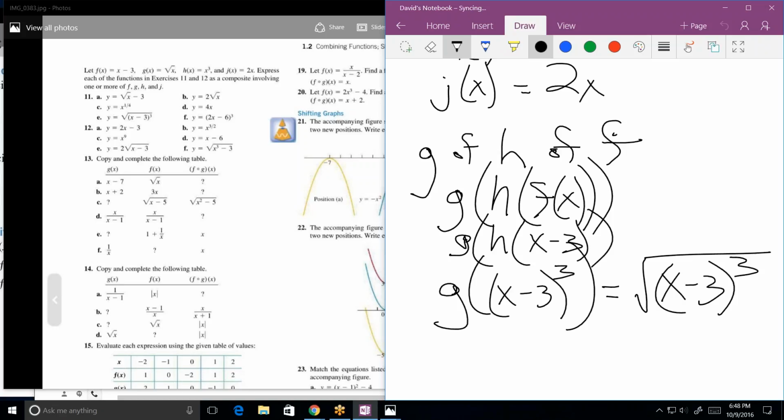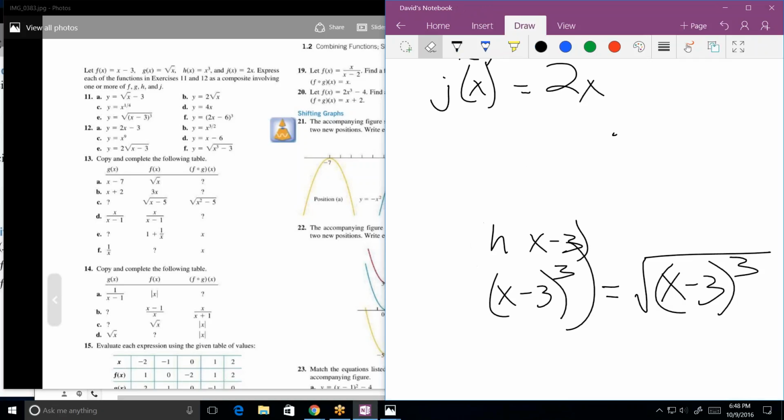The next thing going on is this thing is being cubed. That's the h function. And the third thing going on is that we're looking at x minus 3. That's the f function. So you work it outside in. Okay.